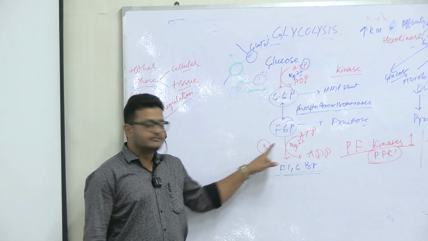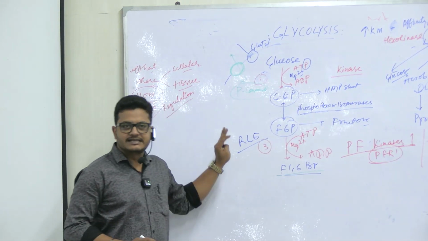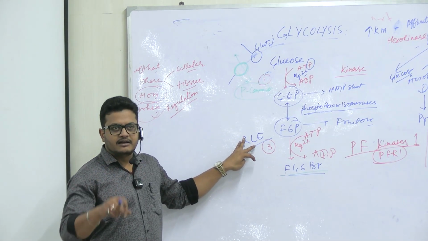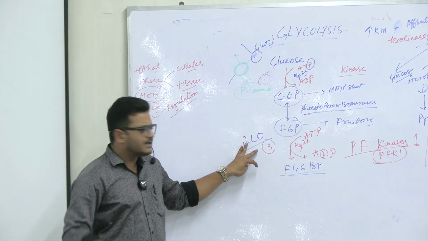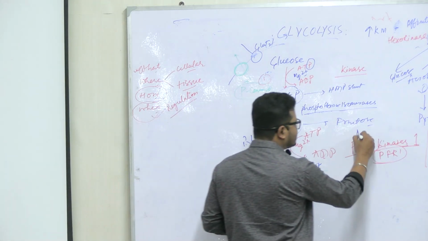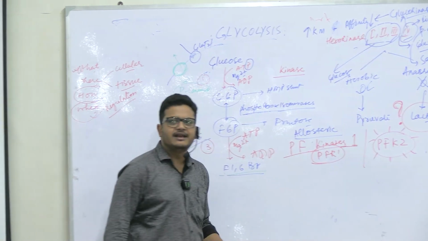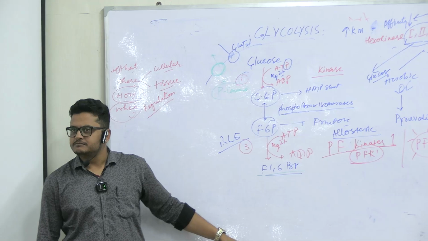So, rate limiting enzyme: if you see in books the terminology stating that this is the rate limiting step of this pathway, close your eyes and think that this enzyme is going to be allosterically regulated, or is going to be an allosteric enzyme. Is that clear? Okay.